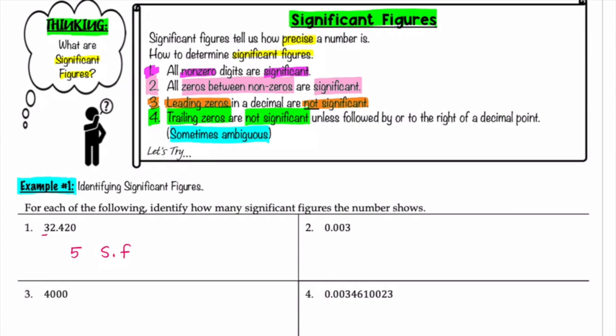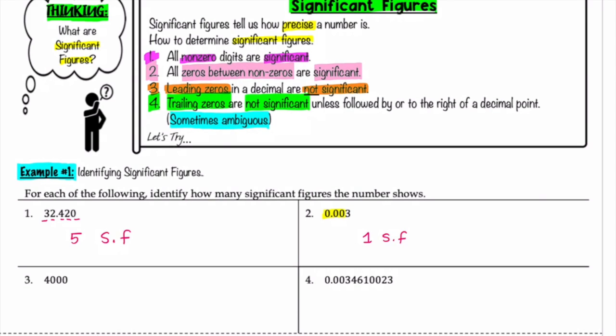Every single number here is considered significant. For number 2, we have the number 0.003, one significant figure. These zeros are not significant. We have one significant figure.